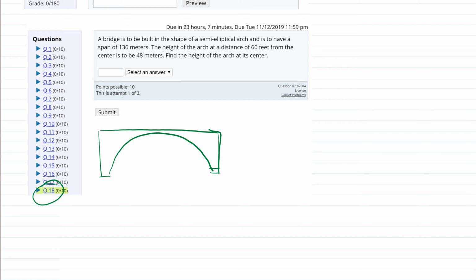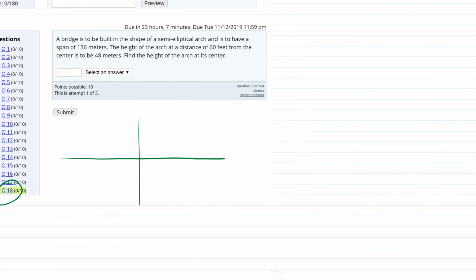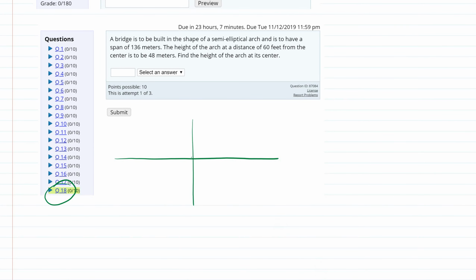Okay, so I am going to draw an ellipse with my center at 0, 0. So here is the arch for that bridge. The bridge is to be built in the shape of a semi-elliptical arch. It has a span of 136 meters. Let me go ahead and draw in my bridge here.